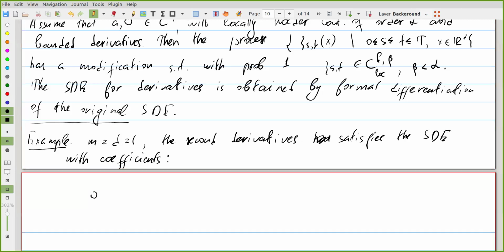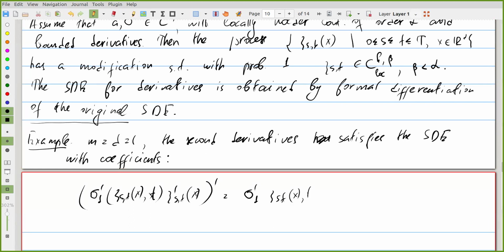We need to differentiate this expression, which immediately gives us the second derivative, plus, now we differentiate this twice with respect to the first argument, squared.